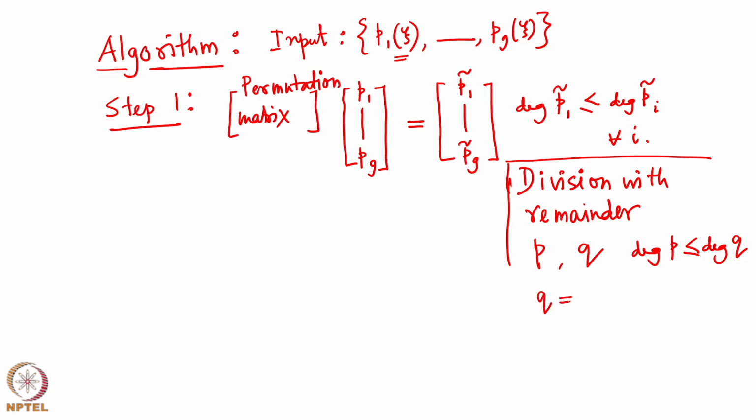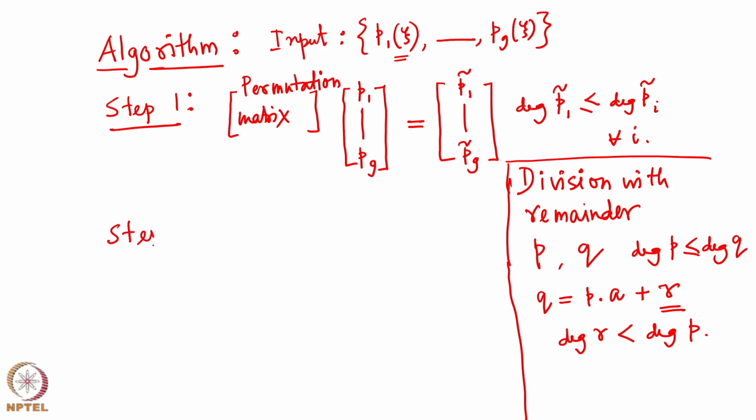So q can be written as p times a plus r. This is the remainder, and the condition for this to be the remainder is that the degree of the remainder is strictly less than the degree of the divisor, that is p. That is how you do division with remainder, right? I hope you remember. So our step 2 is this.